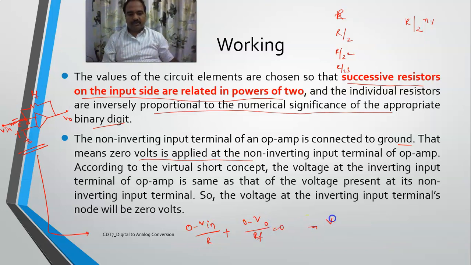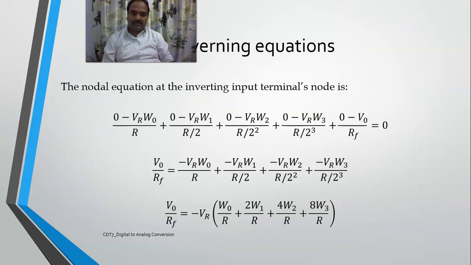If you solve, V0 is equal to minus Rf by R1 into V input, which means that based upon the values of Rf and Ri, you are going to have an amplification of your input voltage, and that too in a negative format. This is what an op-amp does. Let's not go into the operation of the op-amp, which you have already studied. I hope that now you have understood how it is going to work.